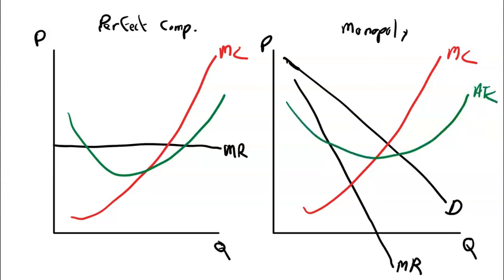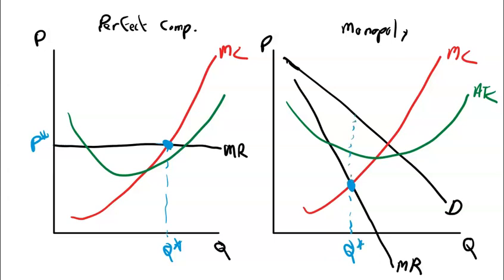Now we did the same thing to find our profit. We looked at the point where MR equals MC. The point where MR equals MC was this point, the blue point right here, and this was going to be my Q star, and this is my P star. Since there was no demand curve, and the marginal revenue curve was a straight line, we just went straight here to find the price. For a monopoly, MR equals MC is again where marginal revenue intersects the marginal cost curve, which is down here.